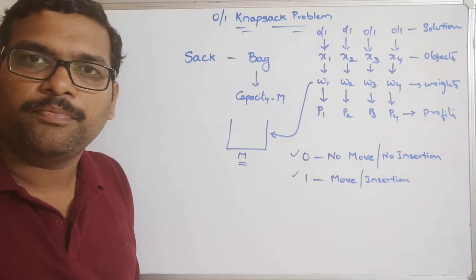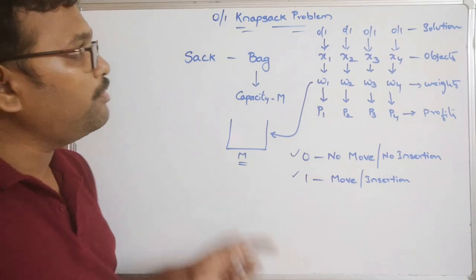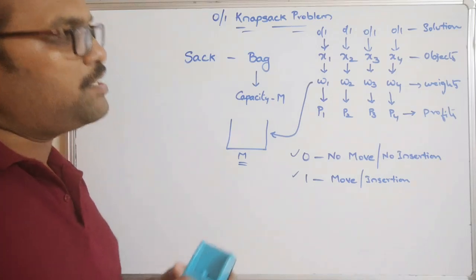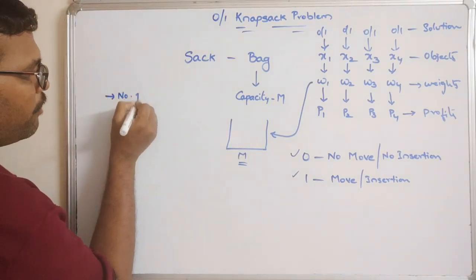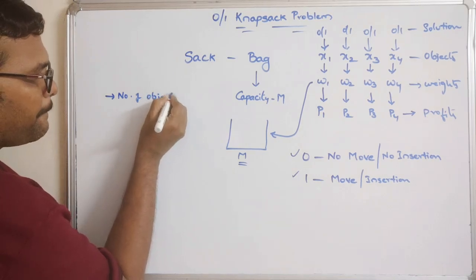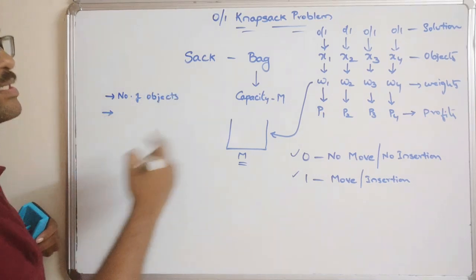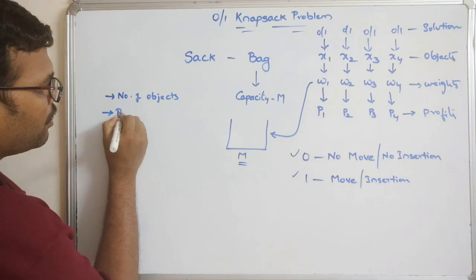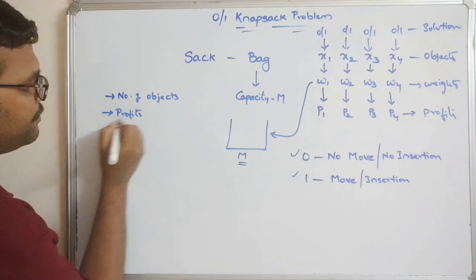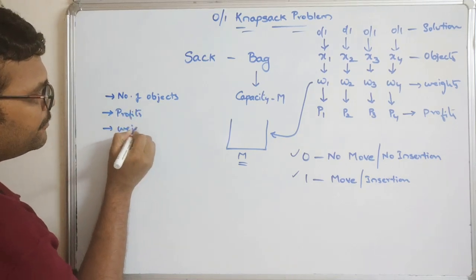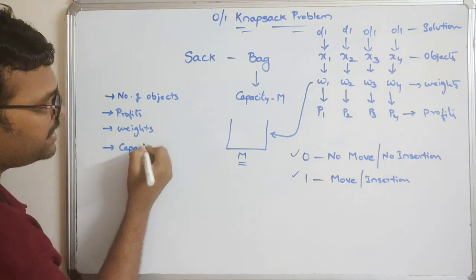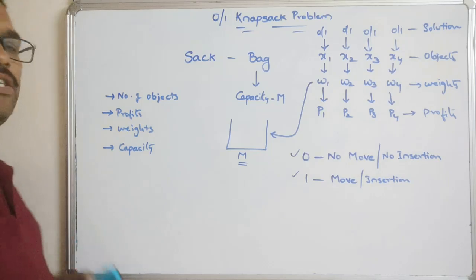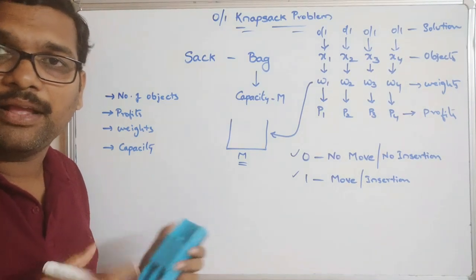Right? So in order to solve this knapsack problem, we need 4 things. One is the number of objects. Second, profits, weights, and the capacity of the sack or bag, right?